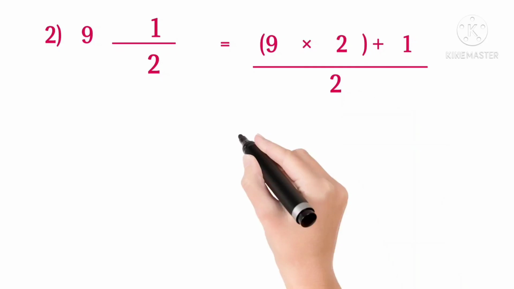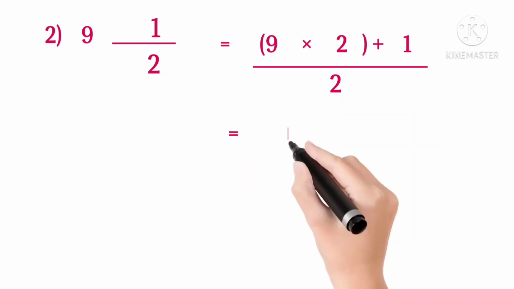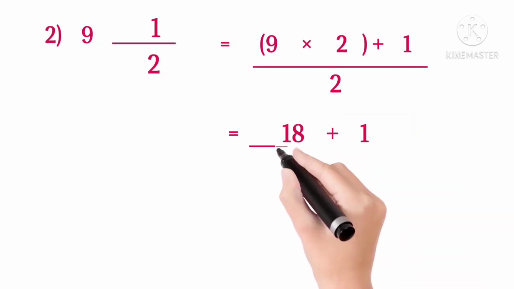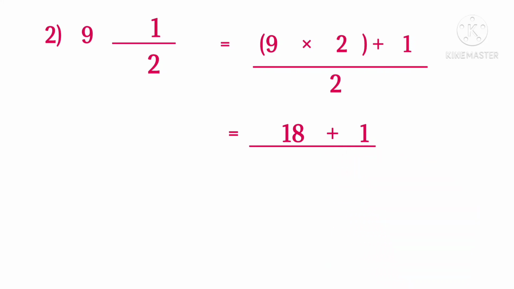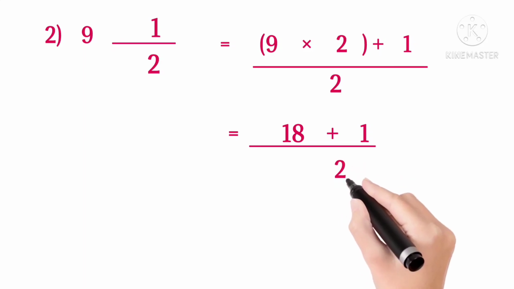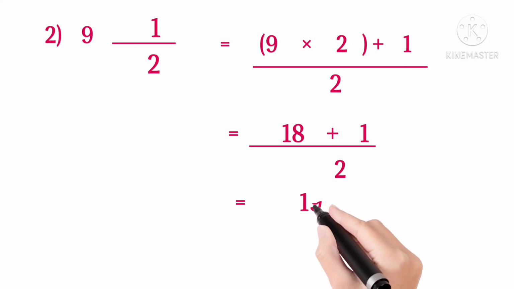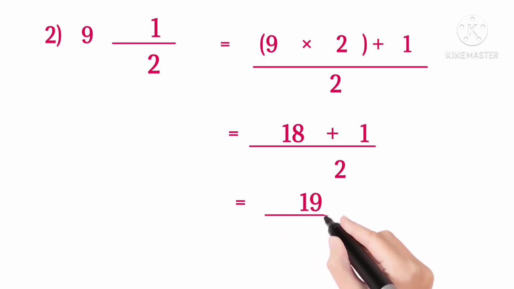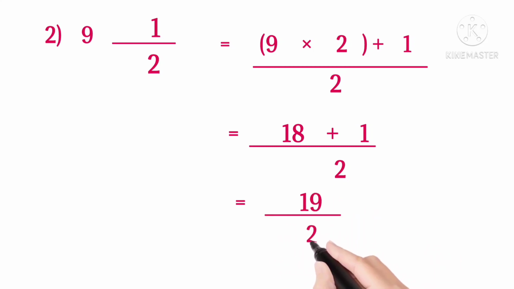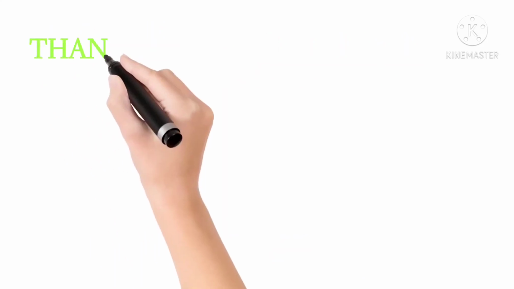Then 9 into 2, that is 18, plus 1, that is the numerator, 18 plus 1 by 2. Again the denominator will be the same. 18 plus 1 is equal to 19. Improper fraction is 19 by 2. The denominator will be the same.